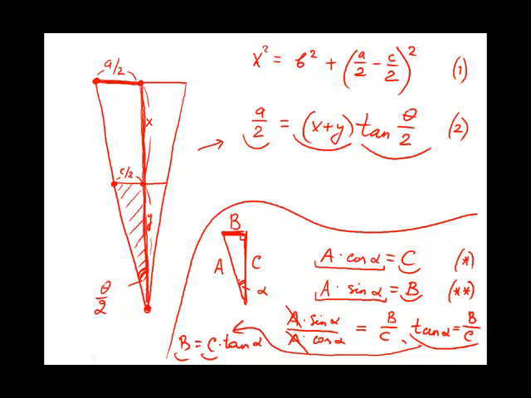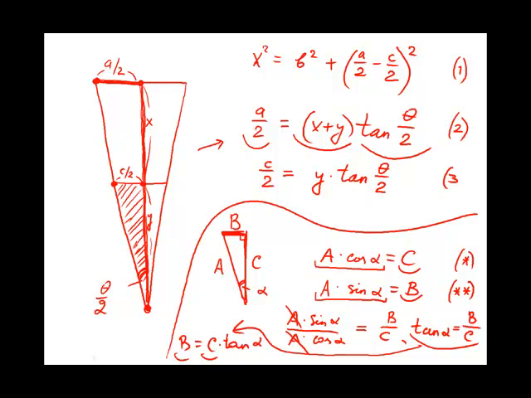Okay. Now, let me consider this small shaded triangle here. Let me apply this same relation to this triangle. I have C over 2 equals y times tangent theta over 2.